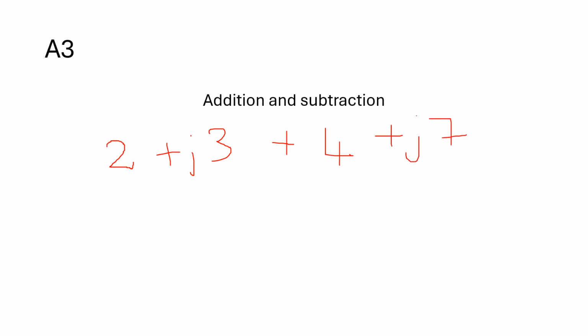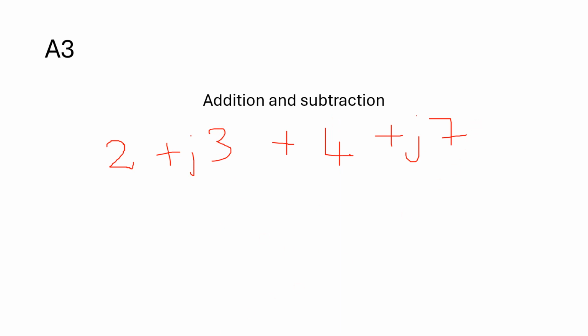Normally you're just going to treat these as like terms. The real parts of these complex numbers are like terms, and the imaginary parts are like terms. That means you will add real parts with real parts and imaginary parts with imaginary parts.